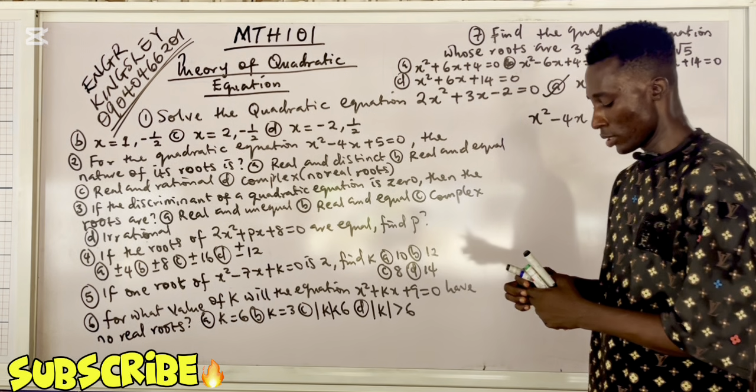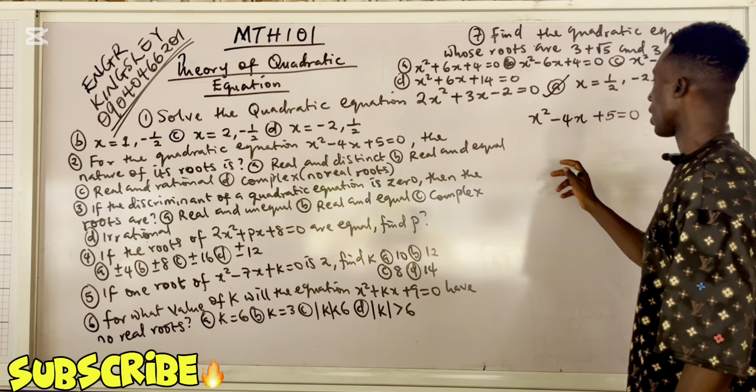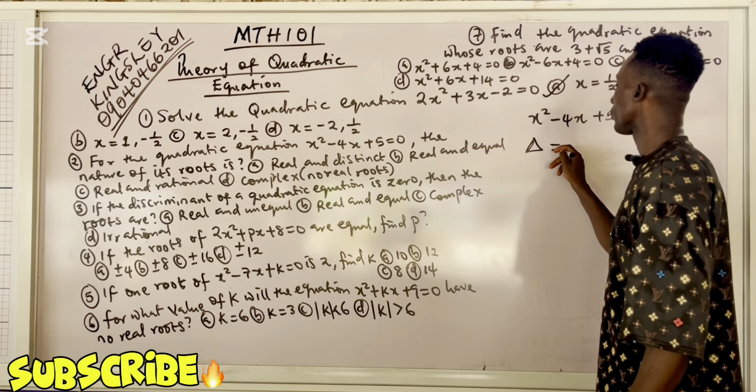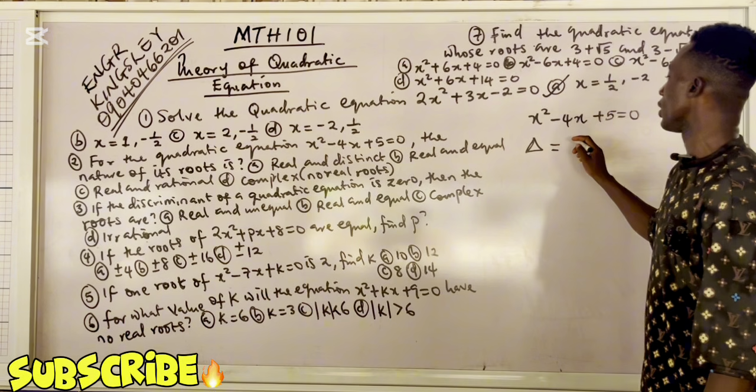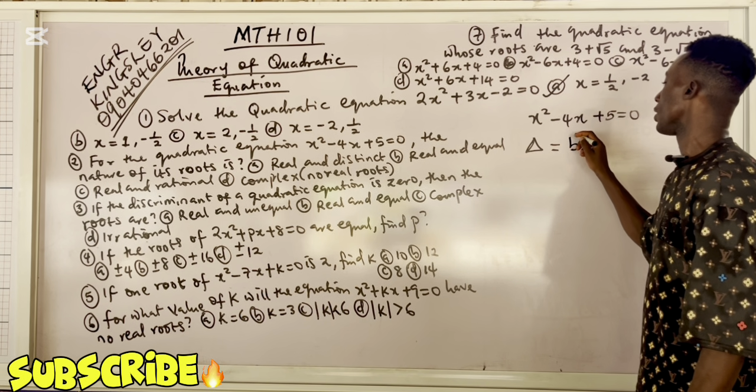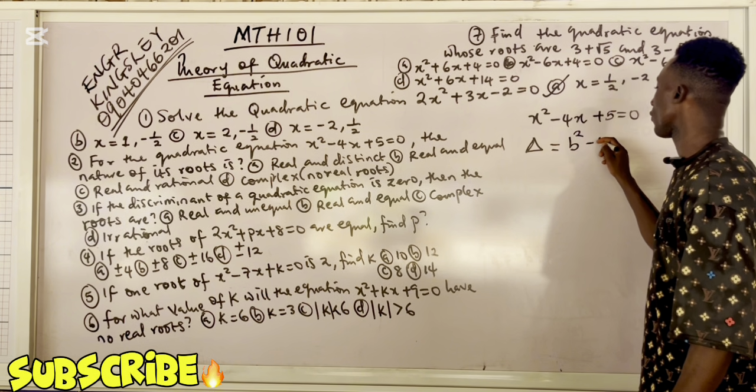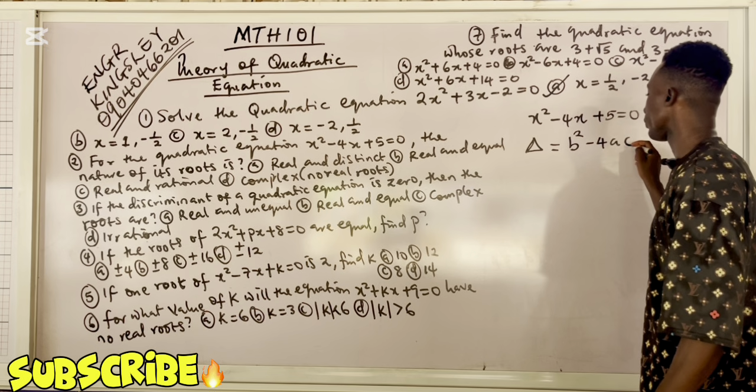Discriminant is written as delta, and the formula for discriminant is b squared minus 4ac.